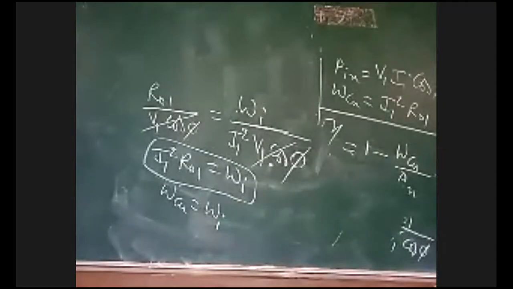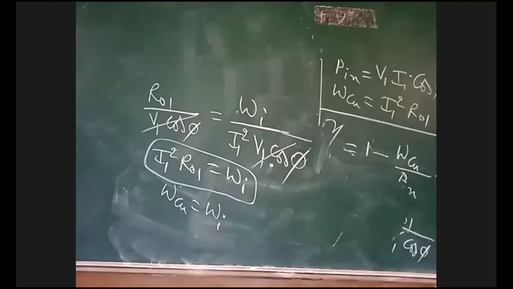When copper loss is equal to iron loss, we will get the maximum efficiency. Remember this: copper loss is the variable loss, iron loss is the constant loss. When variable loss is equal to constant loss, we will get the maximum efficiency of the transformer. In the exam, we have to derive up to this condition.